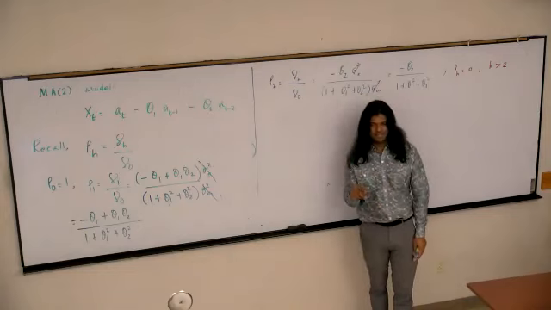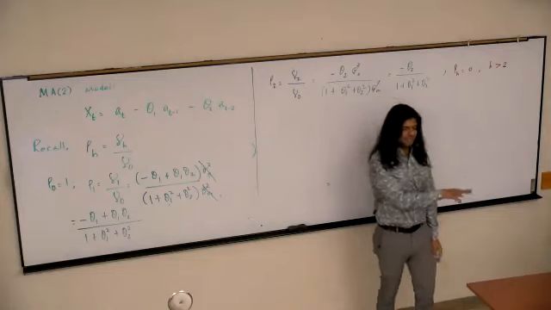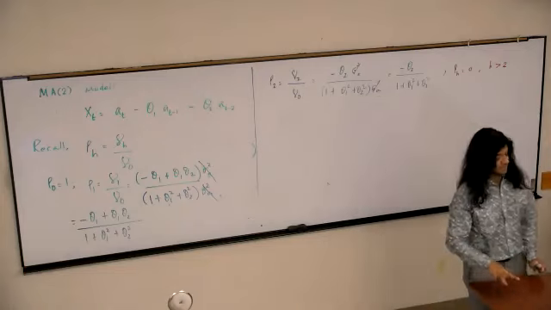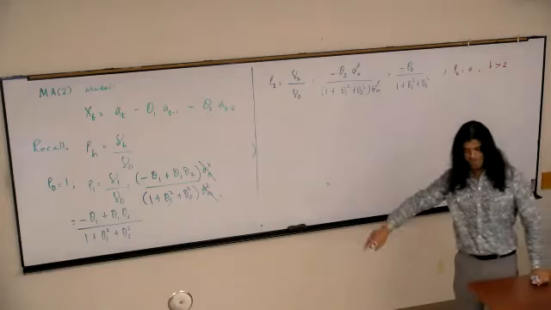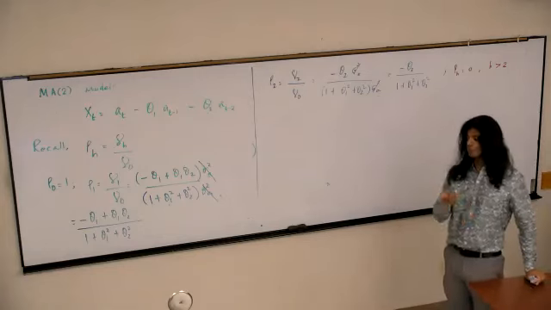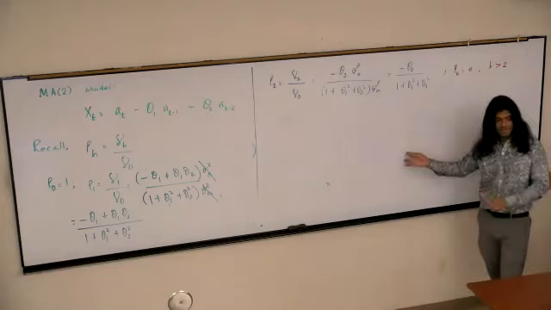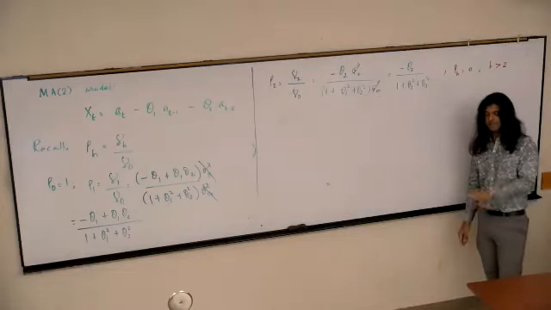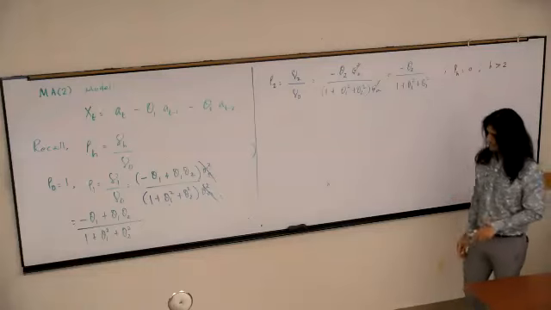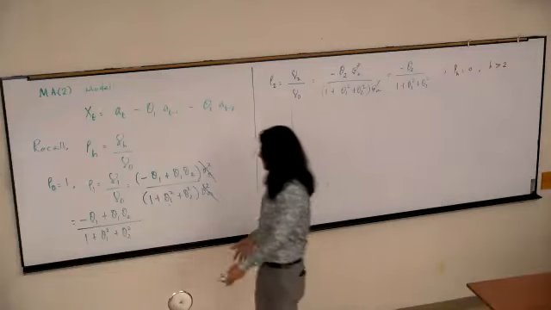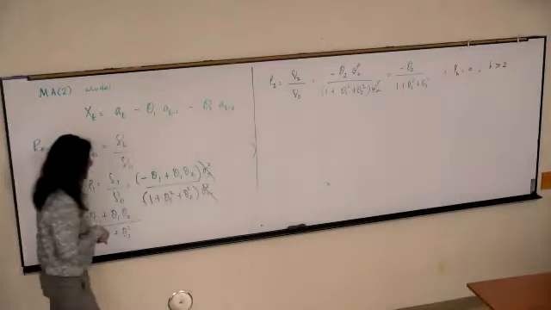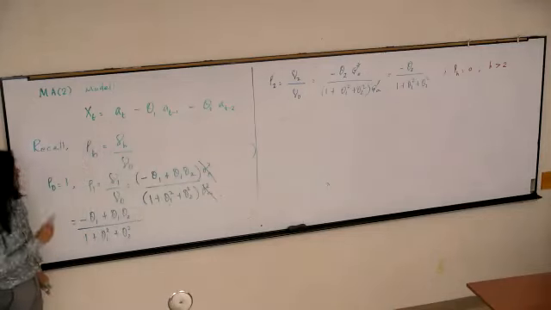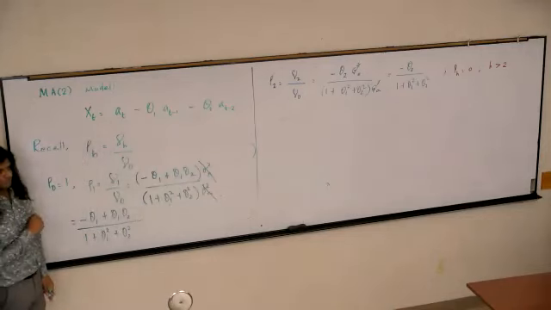What was that condition last time? We set the discriminant to be greater than or equal to 0 and obtained the condition for rho 1. Same applies here. Rho 1 and rho 2 must satisfy certain conditions for us to even bother estimating the values of theta 1 and theta 2.